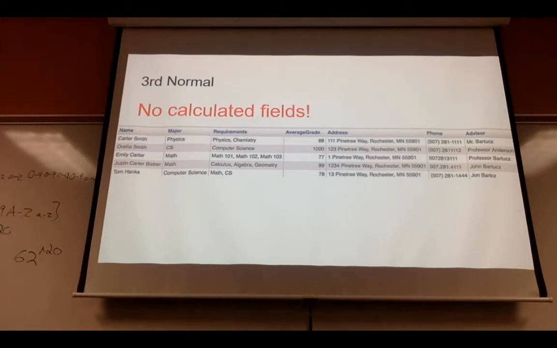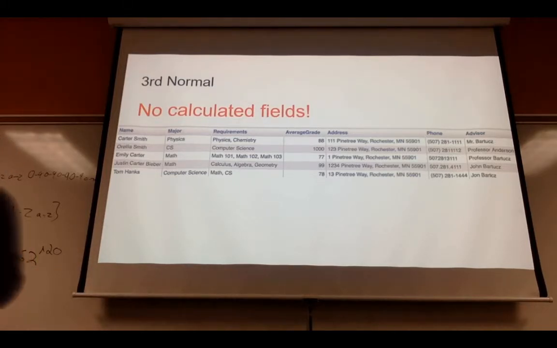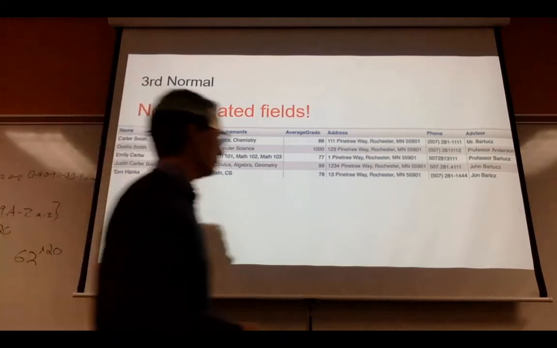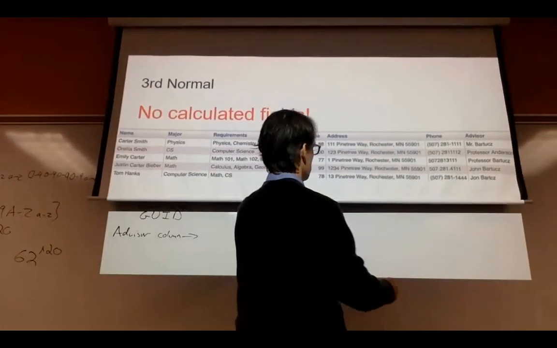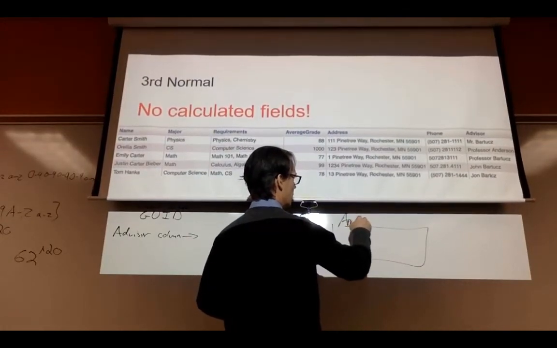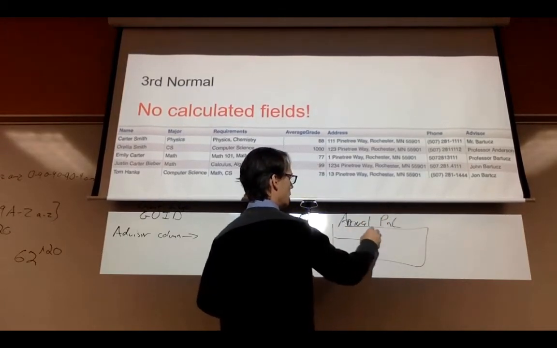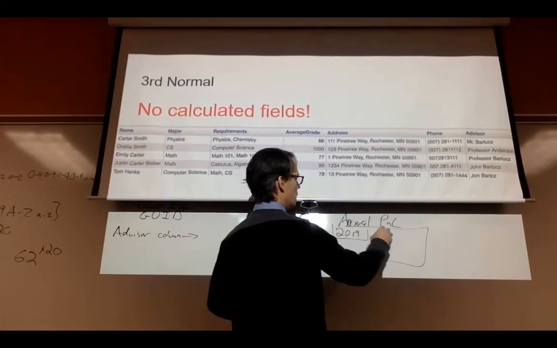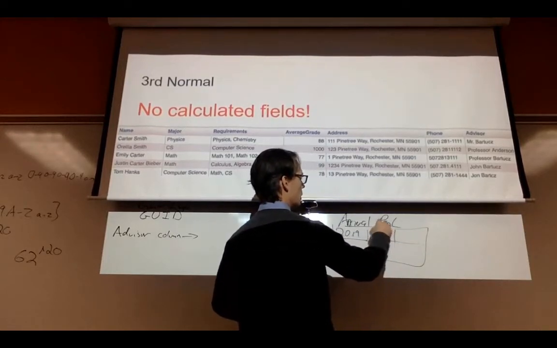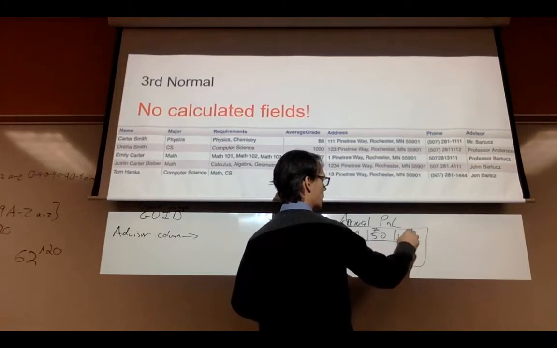But for example, at the end of the year, you want to have your server go through and calculate your profit and loss for the entire year, and then put it in one annual profit and loss table. You'd put in a year, 2019, department number 50, and profit and loss $1 million, whatever.